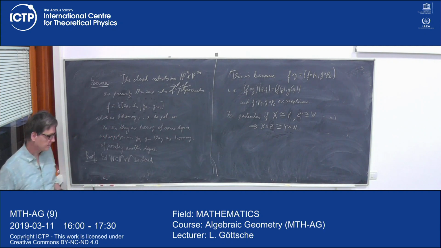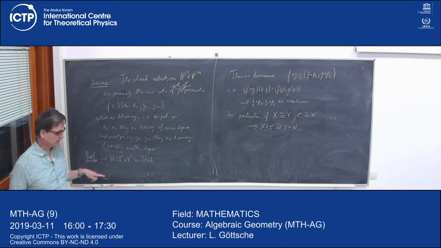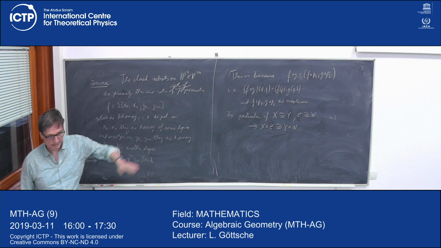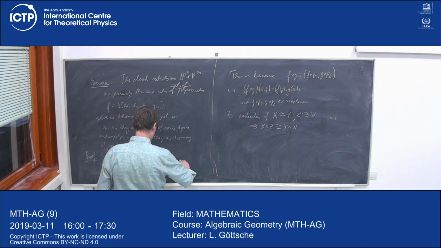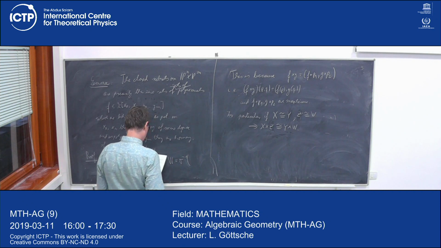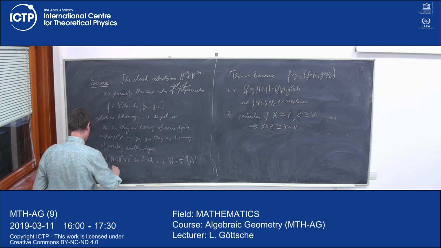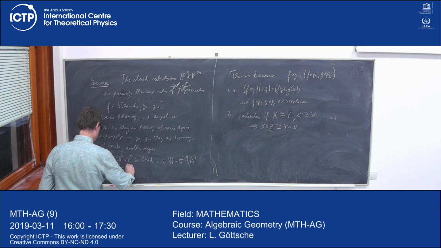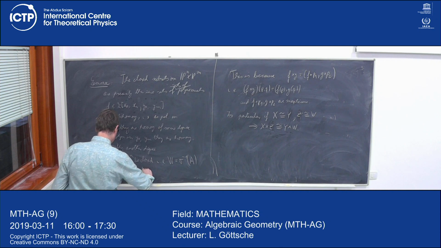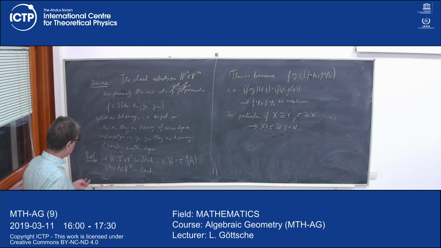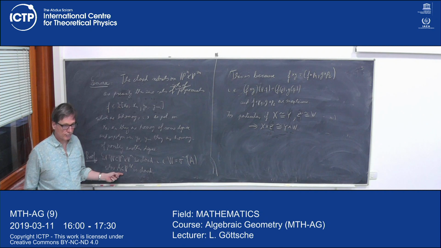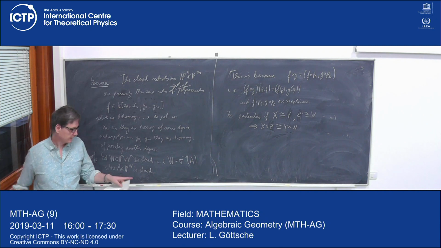This means that W is the inverse image under sigma of a closed subset A, where A in P large N is closed. No, that's what it means. So thus A is a zero set of some set of homogeneous polynomials in the variables of P large N.